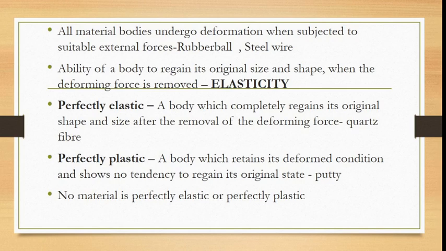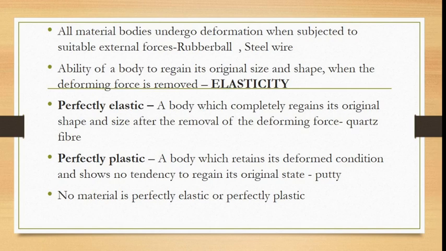In the case of a plastic body, when we apply force, its size and shape is deformed or changed, and after the removal of the applied force, it will be seen as such. There is no change in the body, or it will not have the tendency to go back to its original state. So such bodies are called perfectly plastic.